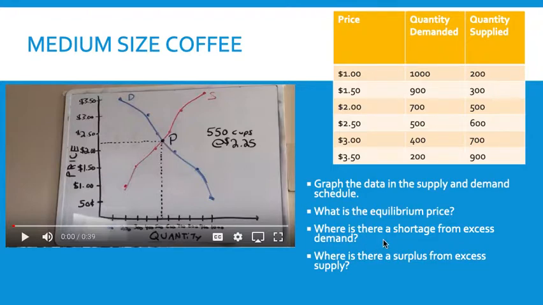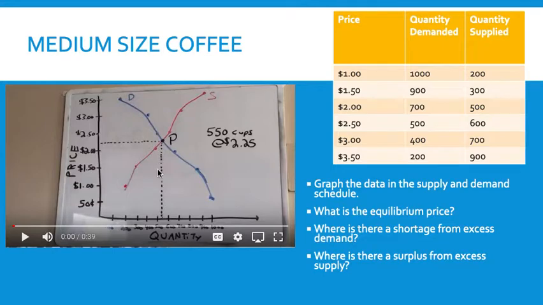Think about where there's a shortage from excess demand and where there's a surplus from excess supply. At any points in these graphs, for a shortage, let's say the price would be $1.50. So we could follow this line over here at $1.50. We know that only 300 producers are going to supply cups of coffee, but at $1.50, 900 consumers will want to consume it or demand it.